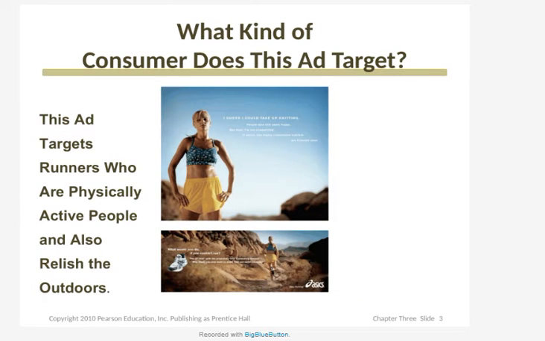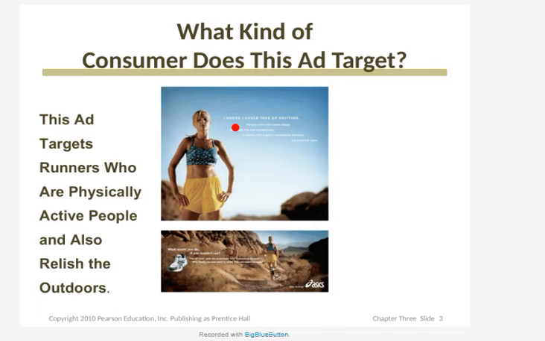what kind of consumers does this ad target? Because every advertisement and every product seems to target some specific type of people, specific characteristics in people. So, what kind of consumers does this ad target? And the answer is very clear here.